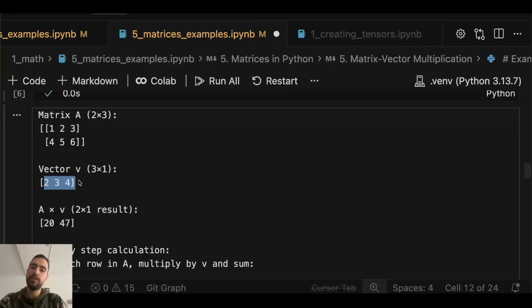Now this could be a bit confusing because I was showing you that you multiply a row and a column. But depending on how you do it, how you code it, how you imagine it, this can also be done this way, because this is just a vector. So in matrix multiplication, the way we imagine it conceptually is row times column.